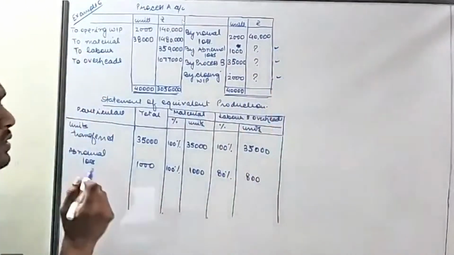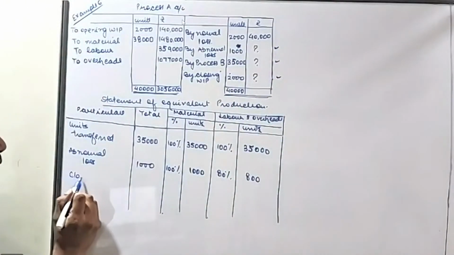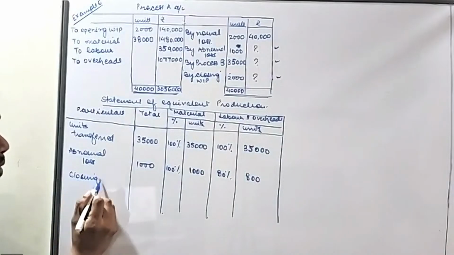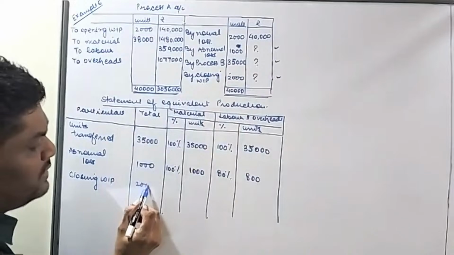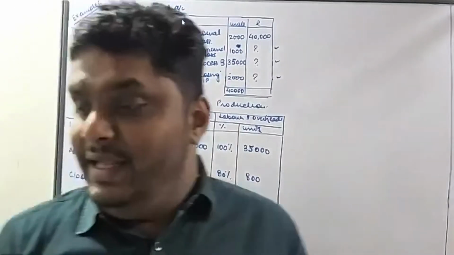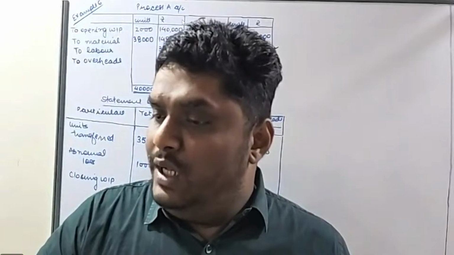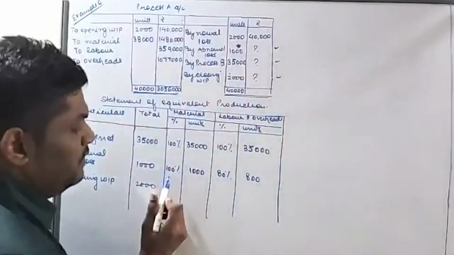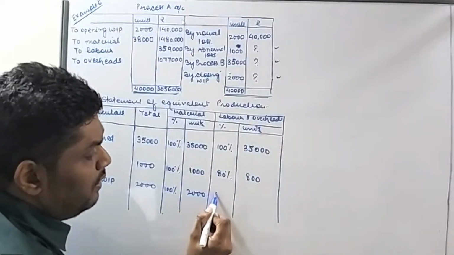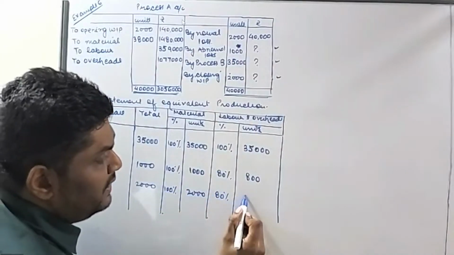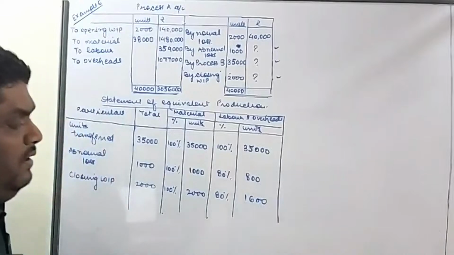Now last is closing work in progress. Closing work in progress is 2,000 units. Again, the degree of completion is given in the question. See, 2,000 units, the degree of completion is 100% and 80%. So 100%, 2,000; 80%, 1,600.